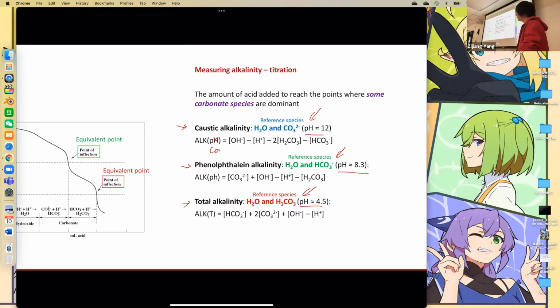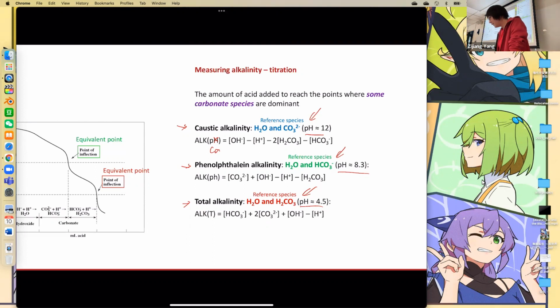If we assume we only have the carbonate system in the water solution, these alkalinities can be estimated or calculated by the concentration of these species. For more details about how we derive these equations, I'm not going to talk about them here, but some of them are explained in the lab protocol. In the first part of the lab protocol, it describes why we have these relations.